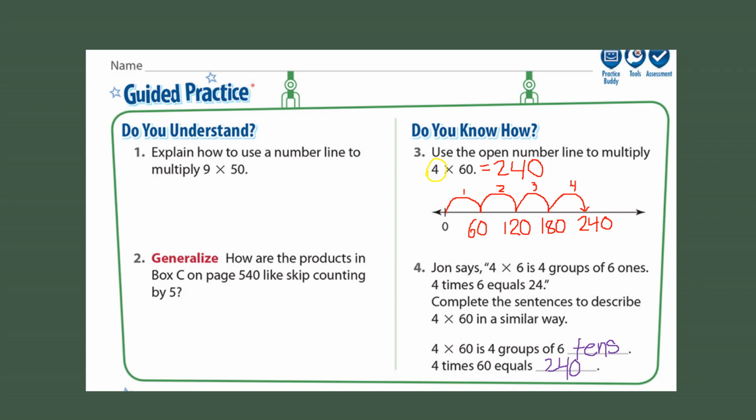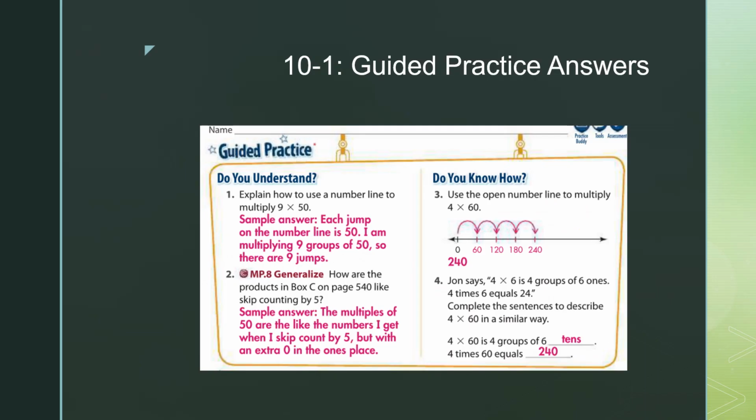As promised, here's the answer key for the guided practice portion of this page. So go ahead and read these.